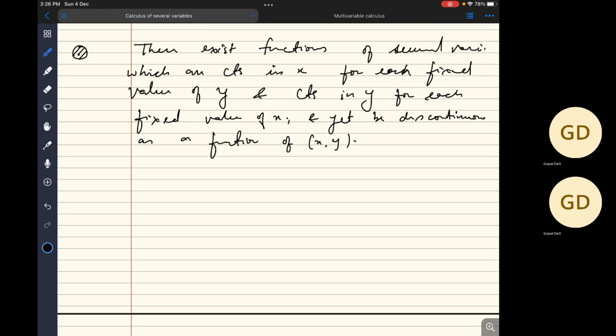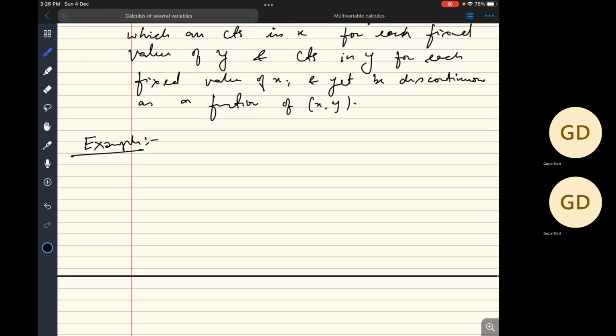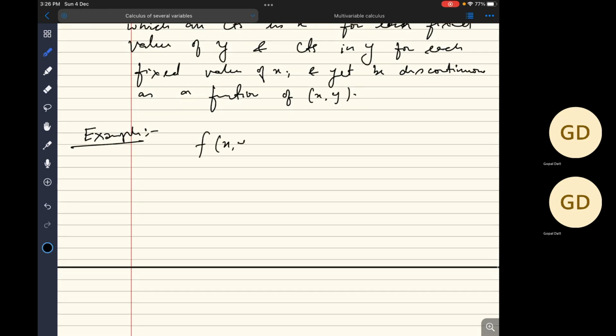Here is an example in support of this. Take the function f, which is defined like this: outside the origin it is this function, and at the origin it is 0.